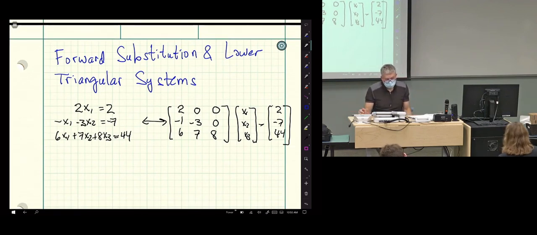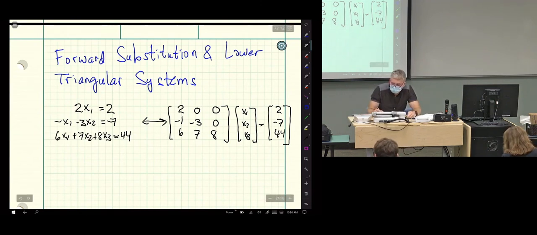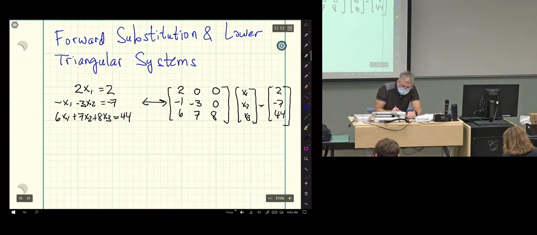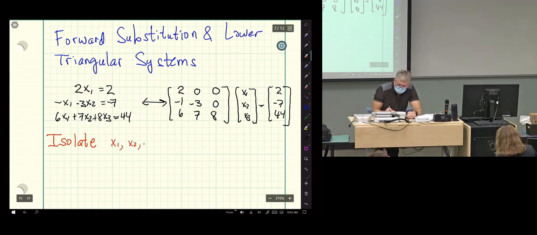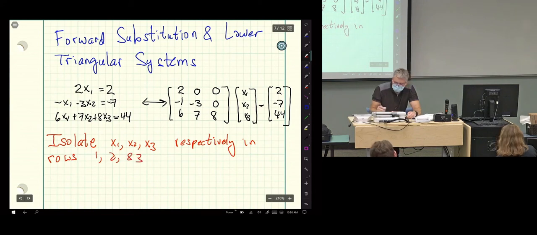Okay, so how should I approach solving equations when they're triangular like this? With the diagonal, we're going to isolate x1, x2, x3, respectively, in rows 1, 2, and 3.